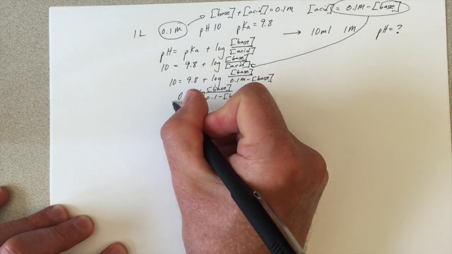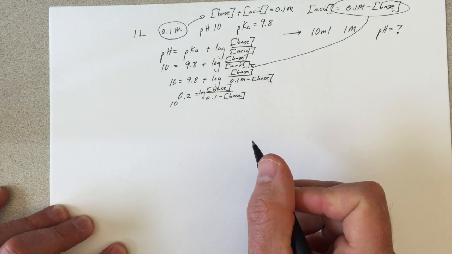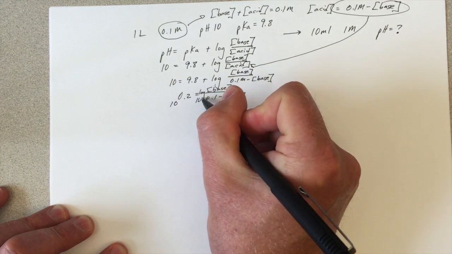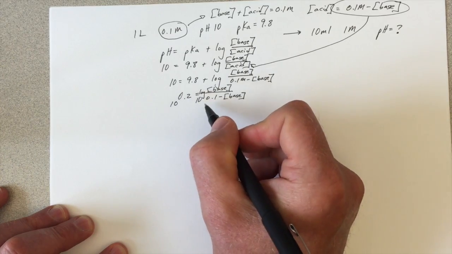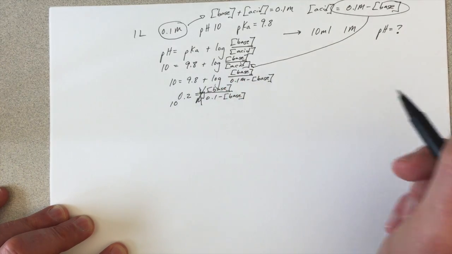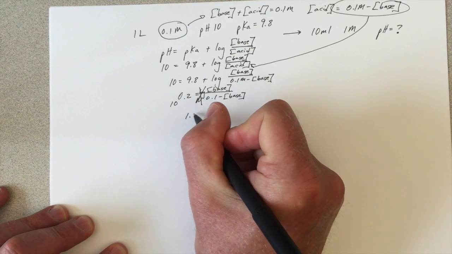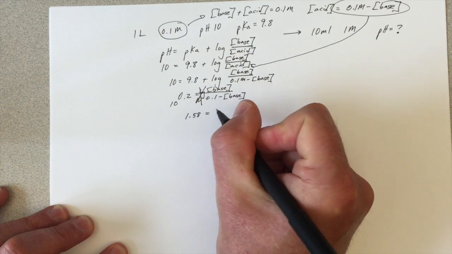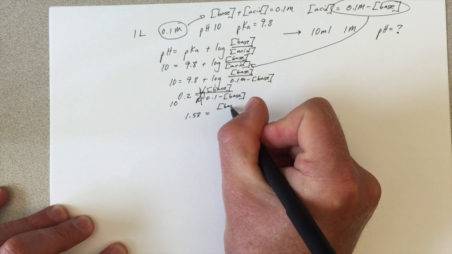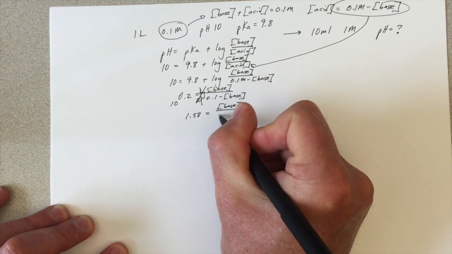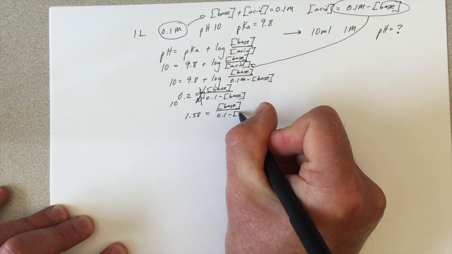Well, I raise 10 to the power of both sides of the equation. 10 to the log gets rid of the log. 10 to the 0.2 power is 1.58, and that equals base over 0.1 minus concentration of base.